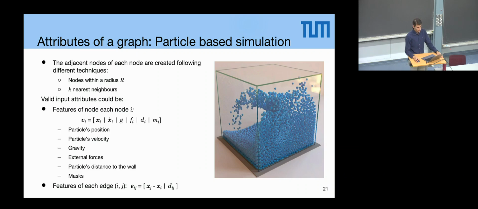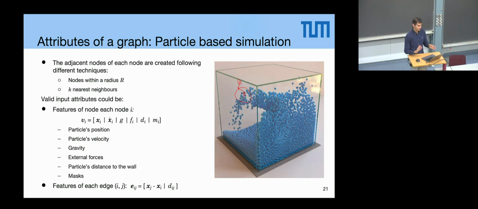We don't have any edges, so we need to create them. At each time step, we create them following different strategies. One strategy could be to create a sphere with a radius r, which will be a hyperparameter of the model, and we connect this central node with every other node inside it.